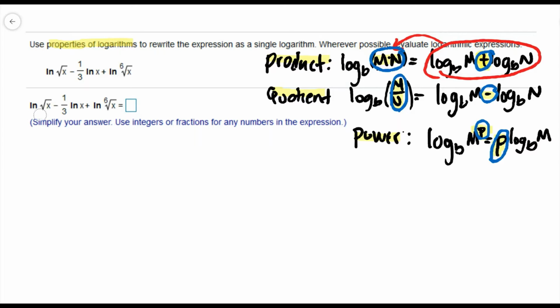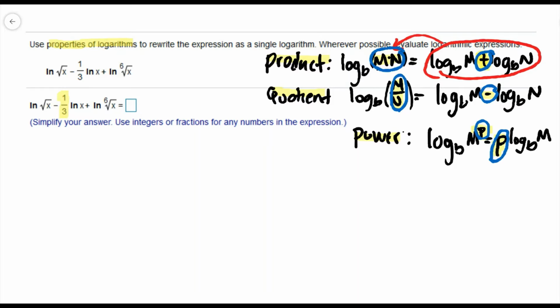We have natural log square root x minus 1/3 natural log x plus natural log 6th root of x. So when we start to try to condense this, the first thing we want to do is handle the power rule. If there are any numbers out front, we need to move those numbers out front to become powers.